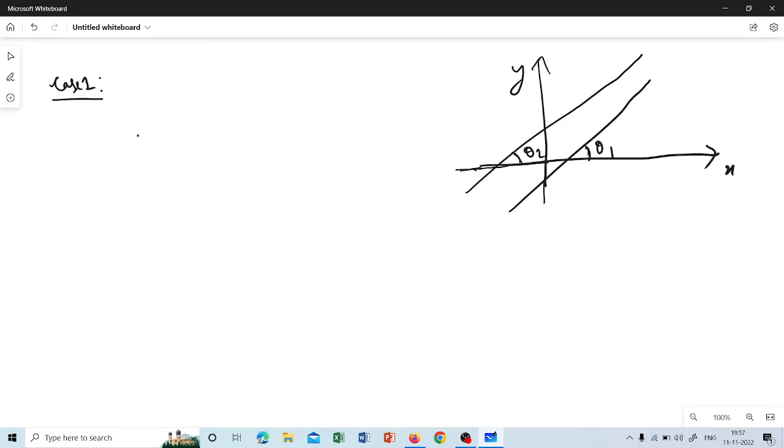So theta 1 is equal to theta 2, and tan theta 1 equals tan theta 2. If both angles are equal, then the tangents of their angles are also equal. In this way, I can conclude that the slopes of the lines are equal.